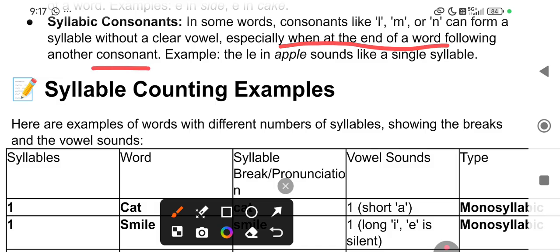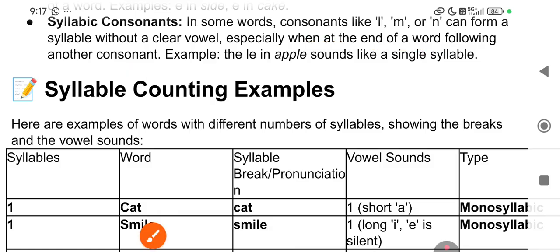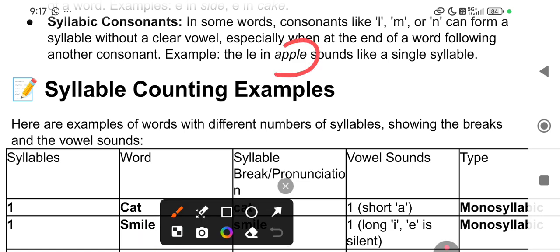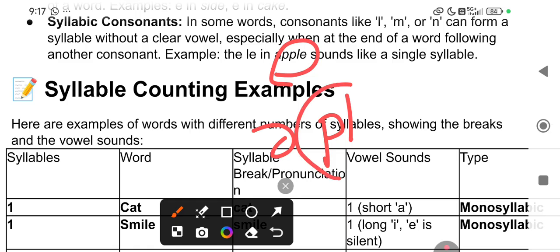Following another consonant. Example, the LE in apple, right? So the word is apple. Apple sounds like a single syllable, apple. So there is no gap. That L is a consonant, a syllabic sound.